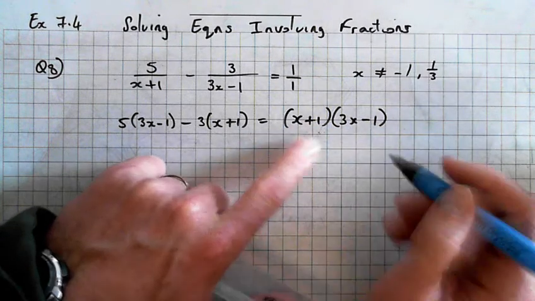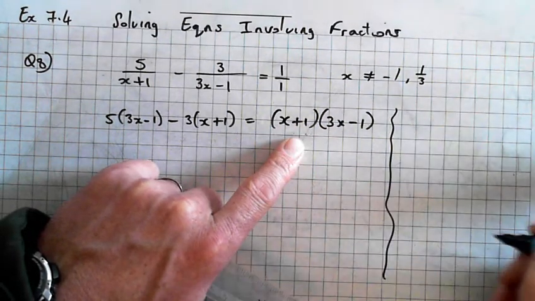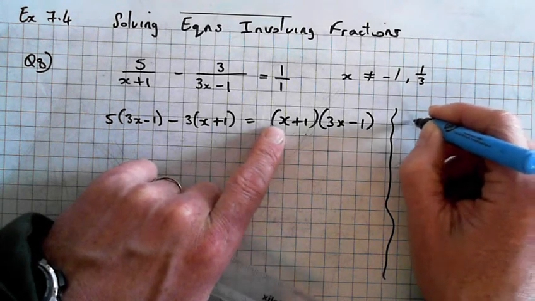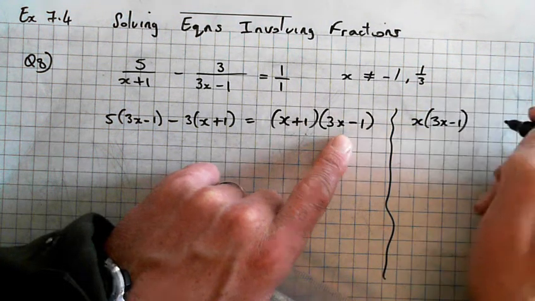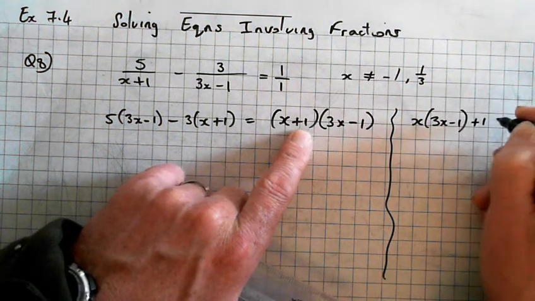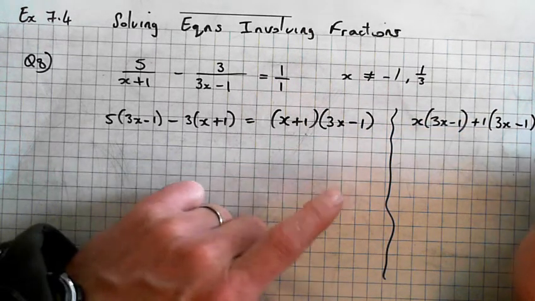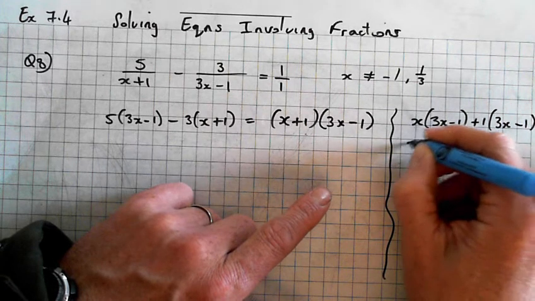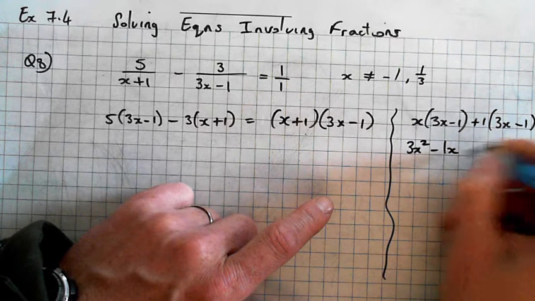Right, so if I was multiplying this stuff out the long way, in the rough work, you should use rough work in maths. So it's x times the second bracket, plus 1 times the second bracket. Right, start multiplying that out. So x times 3x is 3x squared, x times minus 1, minus 1x.